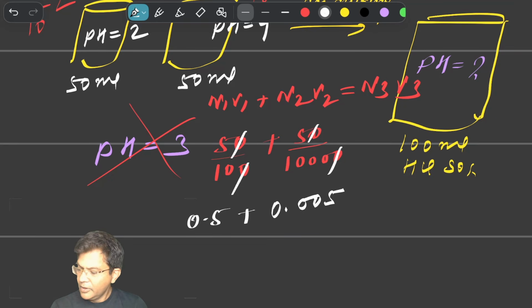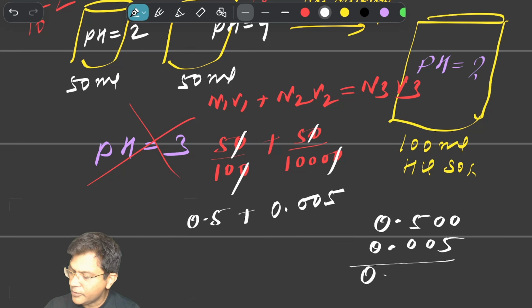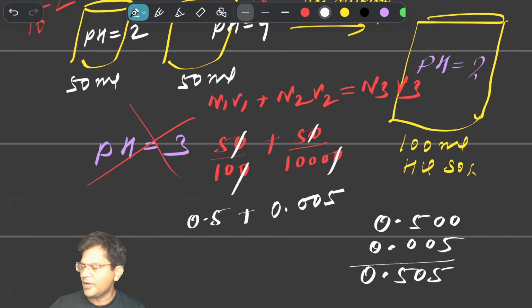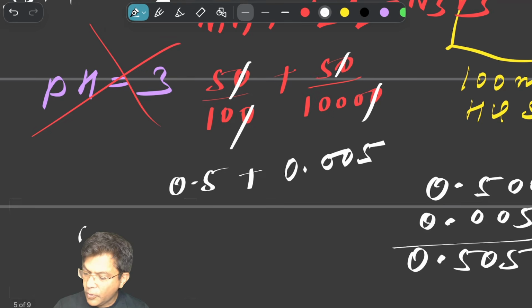Right, so how much is it coming? 0.5, so it will come out how much, kids? Can you add it? Is it easy? And if you don't know how to add it, write down 0.500 and 0.005, so it is coming 0.505. You can consider it to be 0.5, but this is coming milli-equivalents. Now we are interested in the concentration, so we will get 0.505 upon total volume.